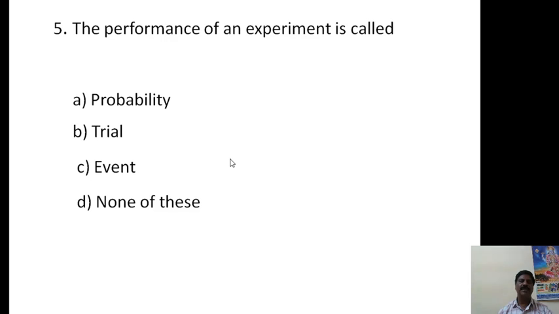You have to answer correctly. Option B is the correct answer. The performance of an experiment is called a trial. Therefore, B is the correct answer for this question.